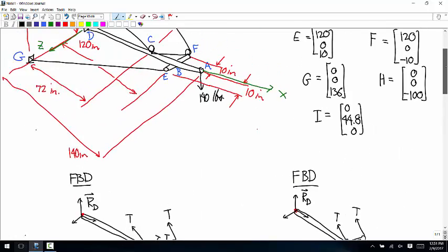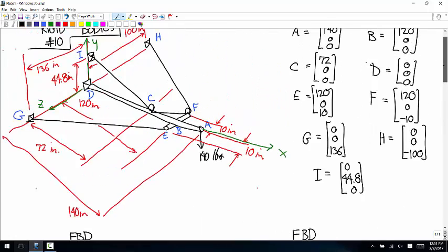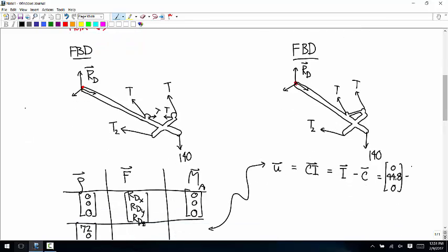Our coordinates of C are 72, 0, 0. And so this U vector is equal to negative 72, positive 44.8, 0.